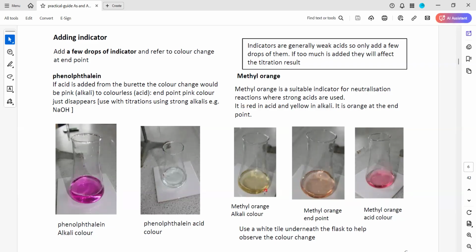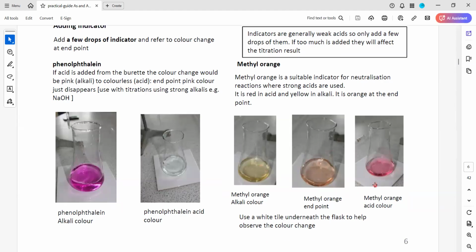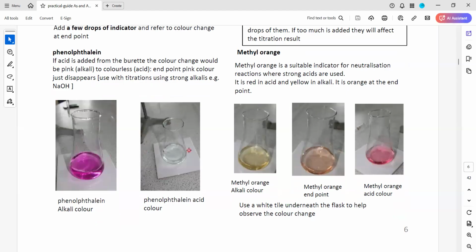But if you are using methyl orange, it is yellow. At the end point, it will be orange, and it will be red or pink in acidic solution. And you can see the background, the base: we use a white tile.